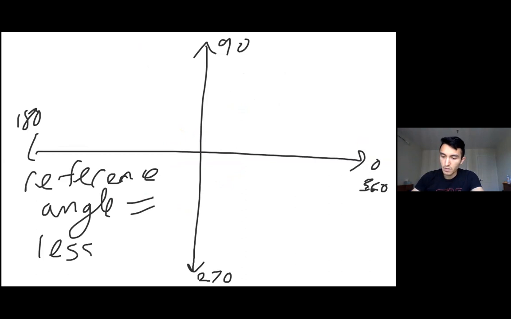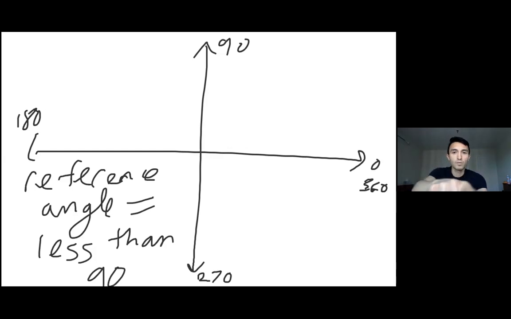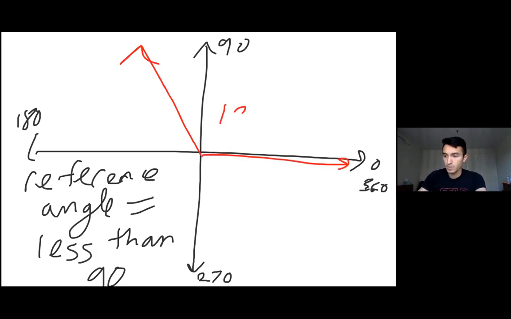Okay, so reference angle, it's whatever angle you make that is the closest to one of these four axes sides, okay? So that's why it always has to be less than 90, because let's say this is 120 again, right?